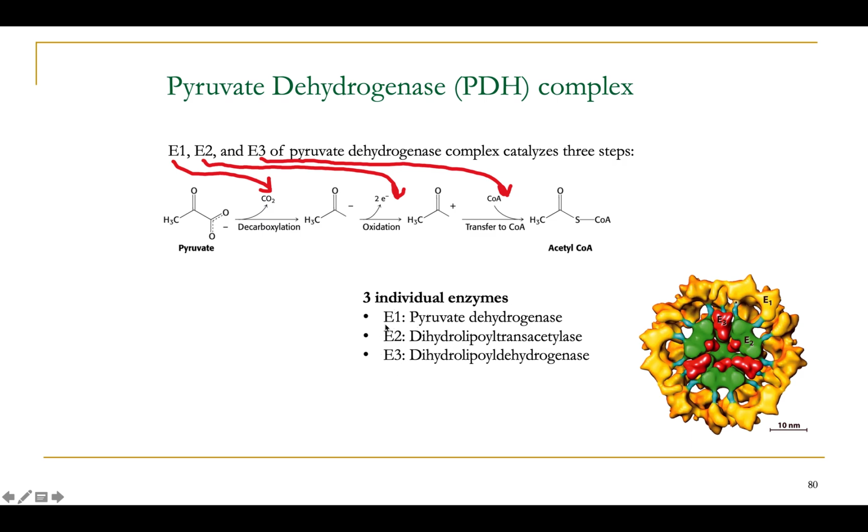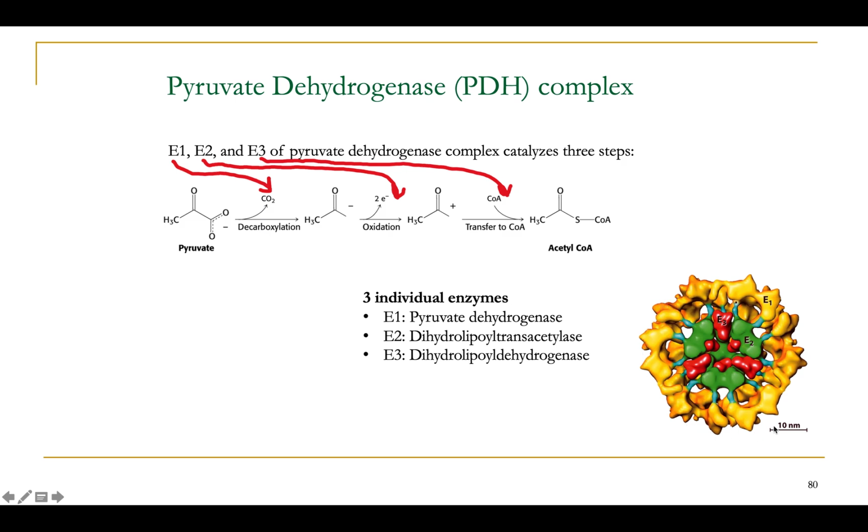Each of these enzymes is abbreviated E1, E2, and E3, and these are different polypeptide chains, which are all together present in one machinery, in one complex, with different stoichiometry of the different E1, E2, and E3 enzymes, which are all together called the pyruvate dehydrogenase complex.